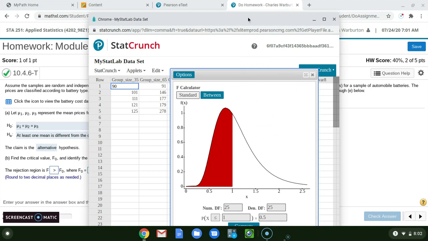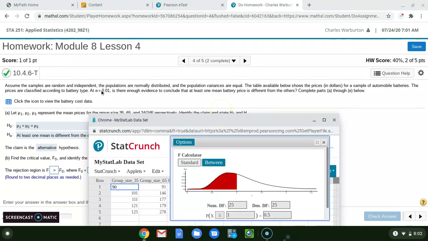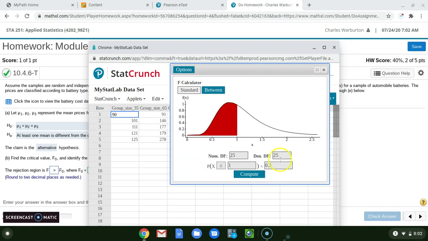The critical value is the point at which we only have 1% of the area in our curve out on the right-hand tail.